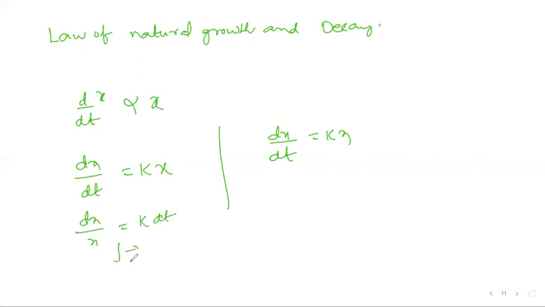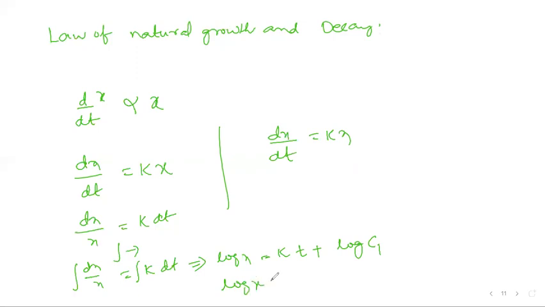Now apply integration on both sides. Integration of dx by x is log x, equal to k into t plus an arbitrary constant log c1. So log x is equal to kt plus log c1.